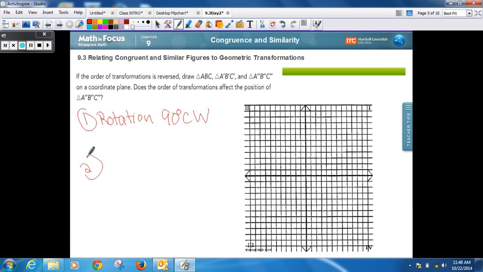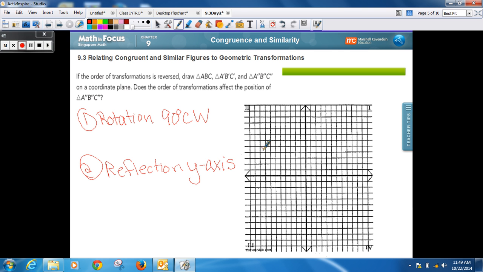And then we are going to do a reflection. Or sorry, we originally did the reflection over the y-axis.